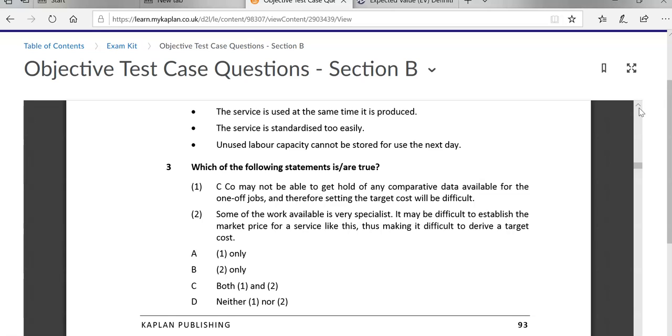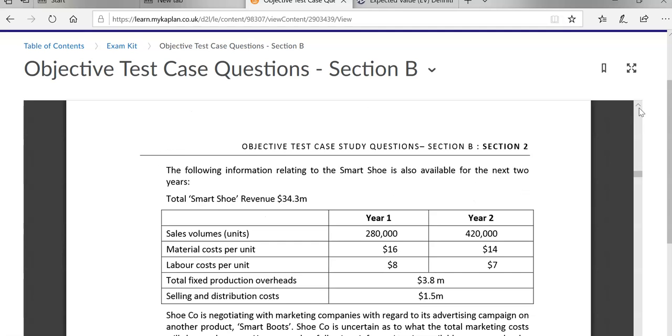And this is true as well. Like I said earlier on, it only tends to be standardized products that we can get market prices for. But once you're dealing with individual scenarios, it's difficult to set that type of price. So the answer here is C. Both statements are correct.